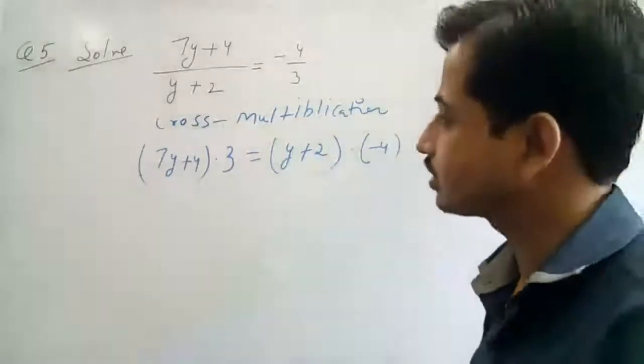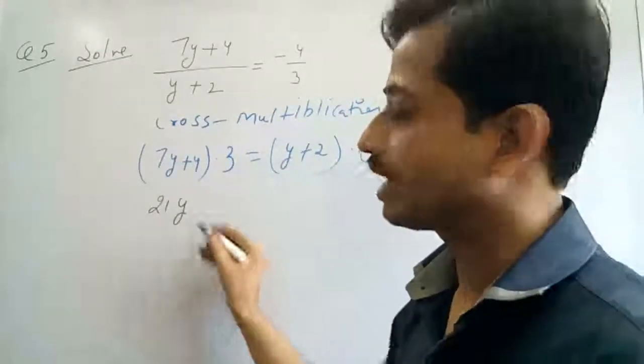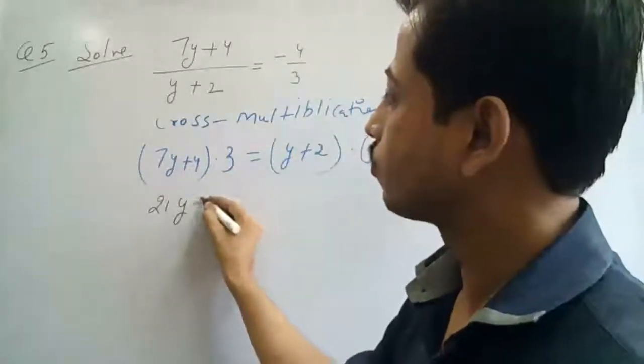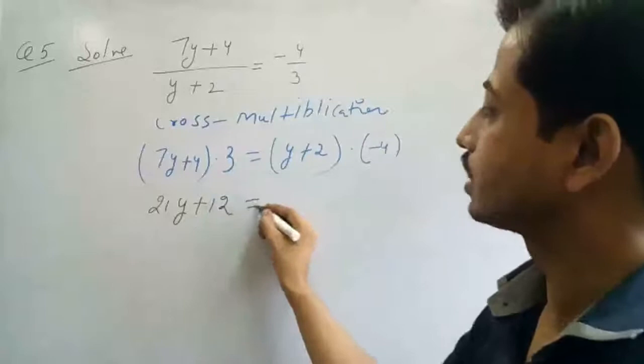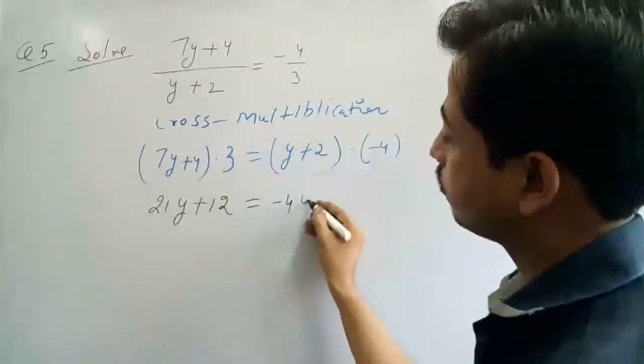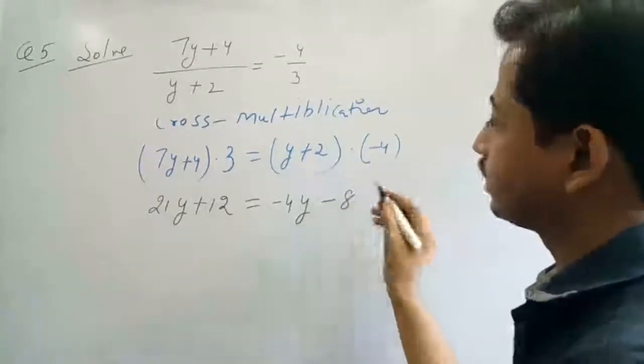Now please solve it. 3 into 7 we get 21, and y we write as it is. 3 into 4, what will we get? We get 12. Now minus 4 into y, we get minus 4y. Minus 4 into 2, we get minus 8.